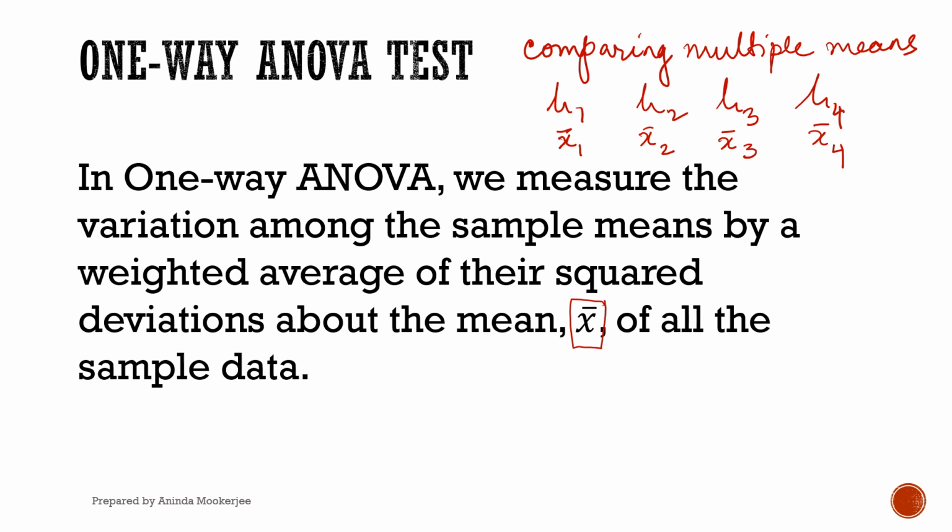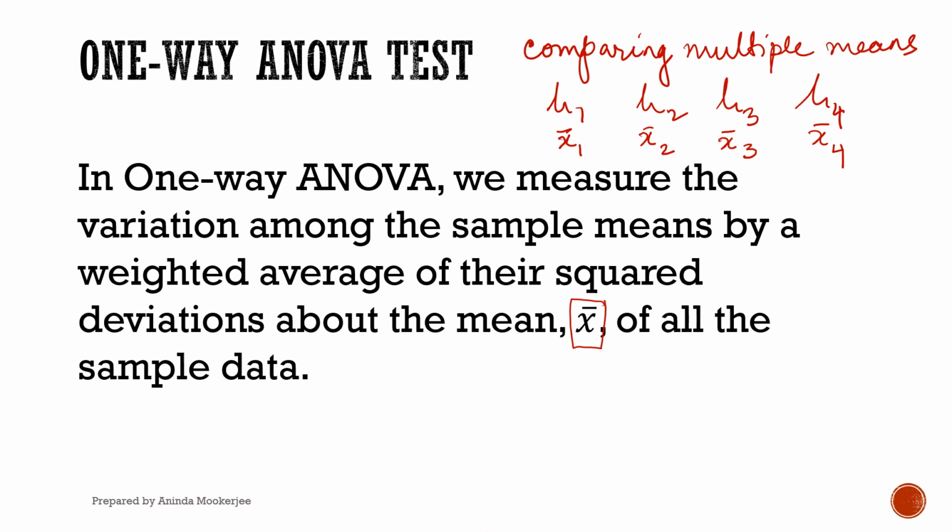Now you see there's no subscript to this x bar, so this sample mean over here is the mean of all the different sample means. It's the overall sample mean, calculated for all the populations put together, in other words.